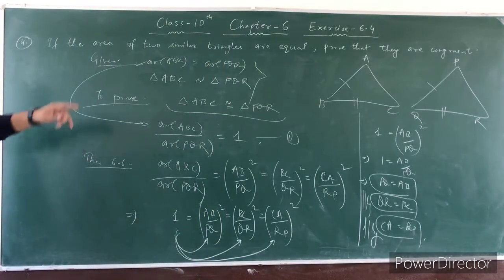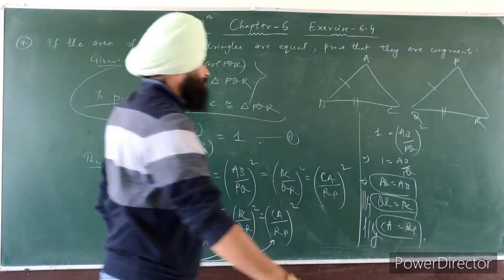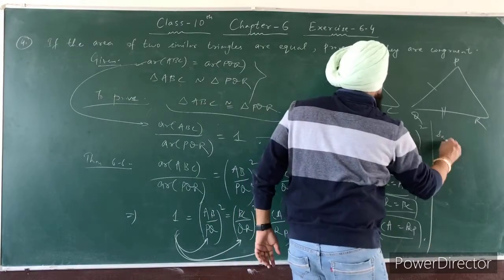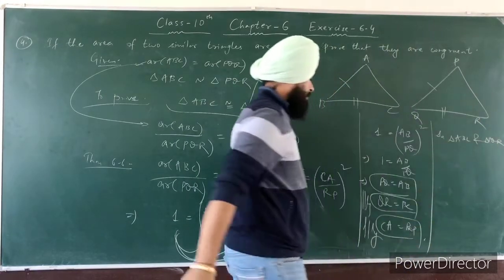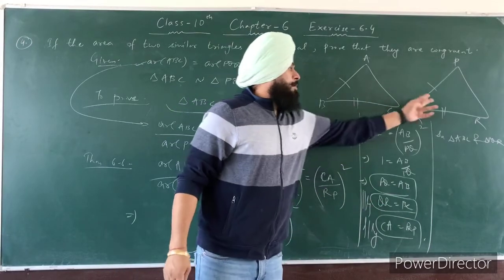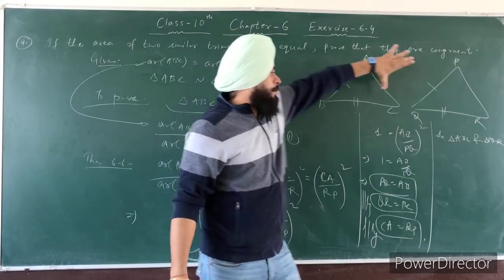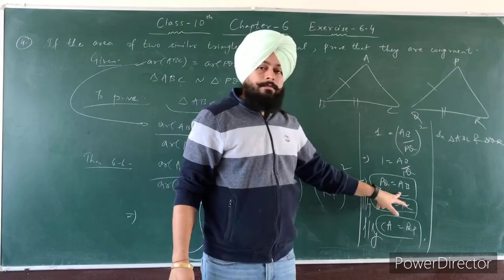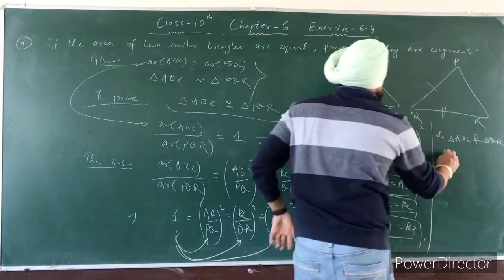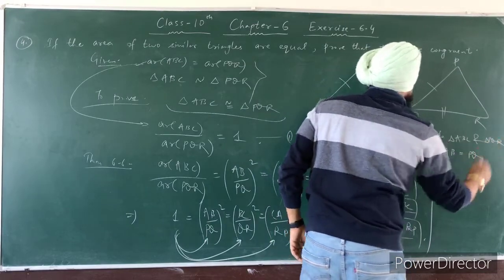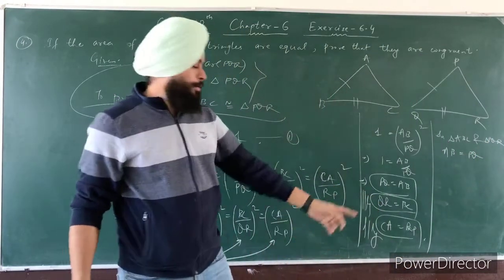Now we can take triangle ABC and triangle PQR. In triangle ABC and triangle PQR, in both these two triangles, side AB is equal to side PQ. We already proved, right here it is proved above. Alright. AB is equal to PQ. Second, BC is equal to QR.